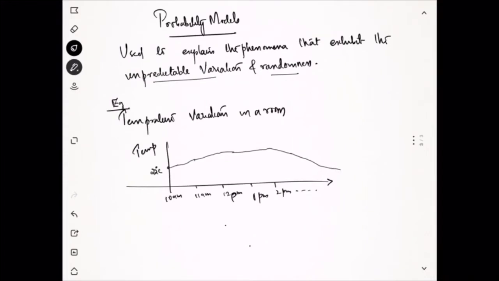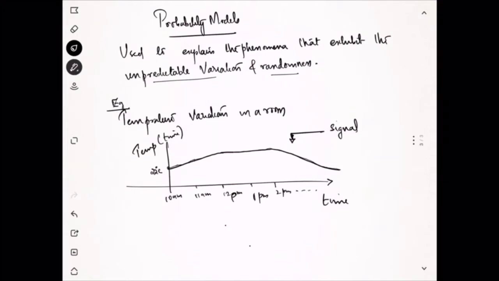So this is a variation we cannot explain simply by using a deterministic model. That is, by using a simple function, we cannot represent this. You can say that the temperature is varying as a function of time. So this is a signal, which is representing a physical quantity.